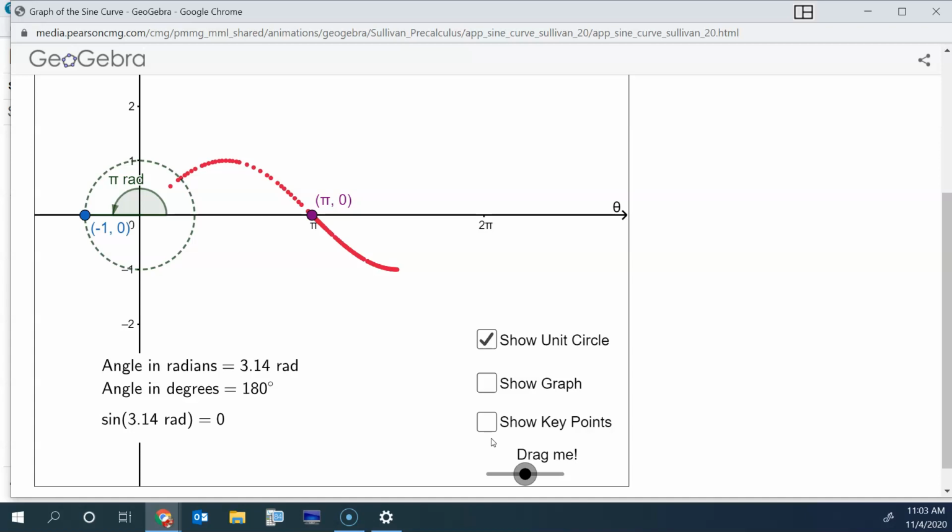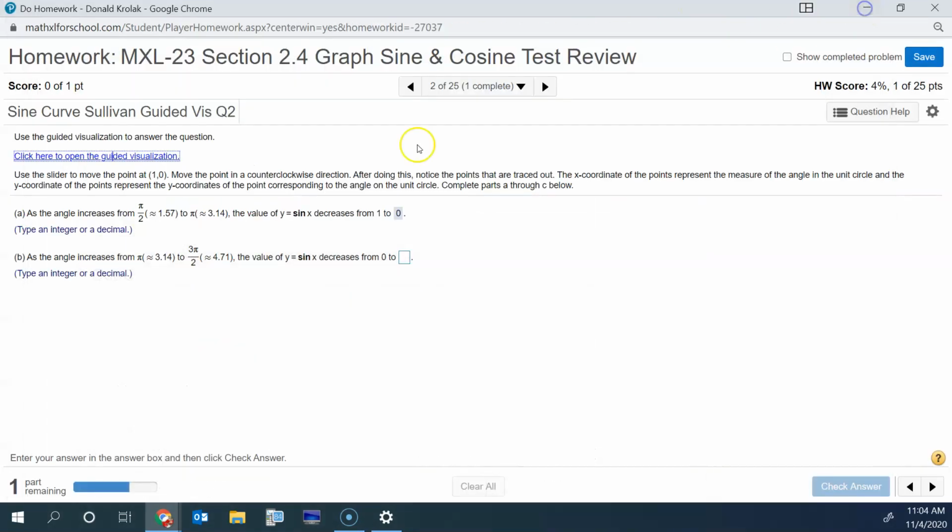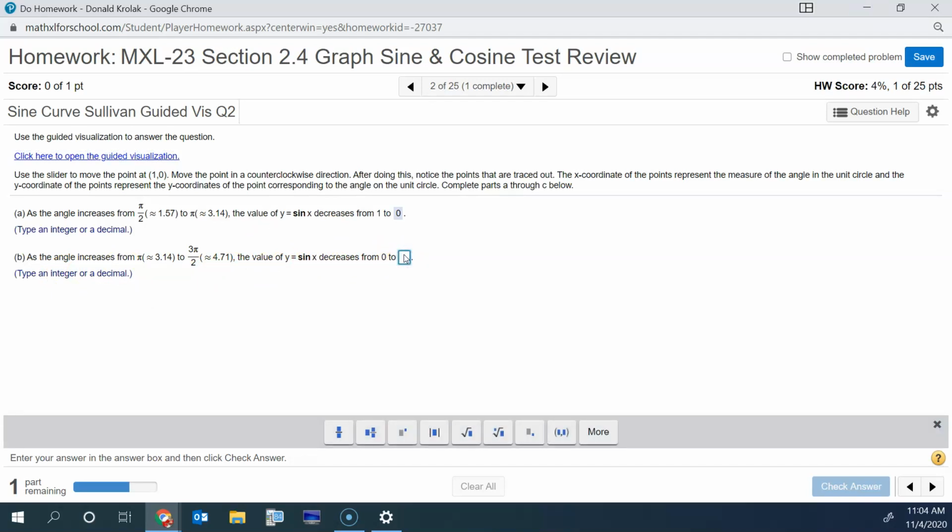Angel, look, what's the sine value up there? Look at the y coordinate, not the x coordinate. The y coordinate is 0. Now, as I move the angle to 3 pi over 2, what does the y coordinate move to? -1. So the y value decreases from 0 to -1.